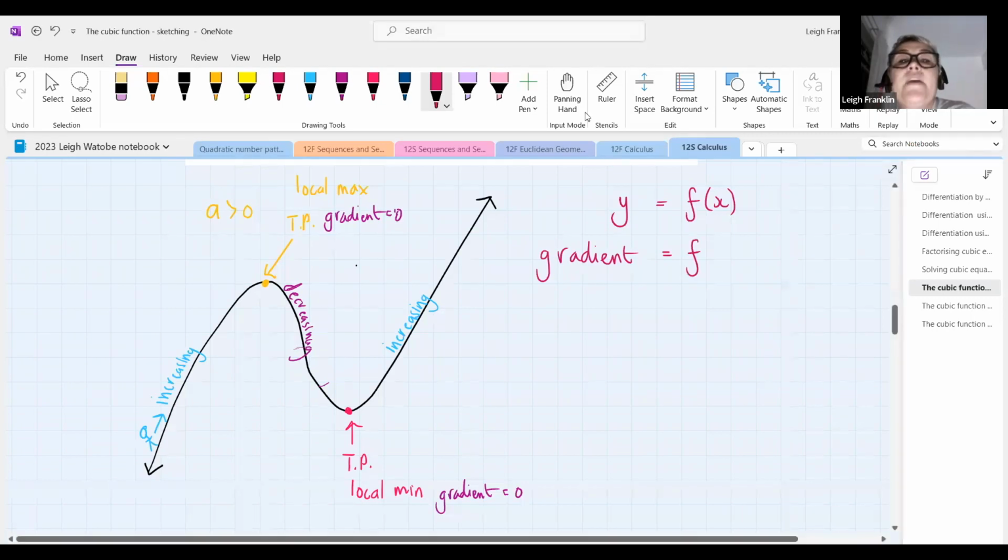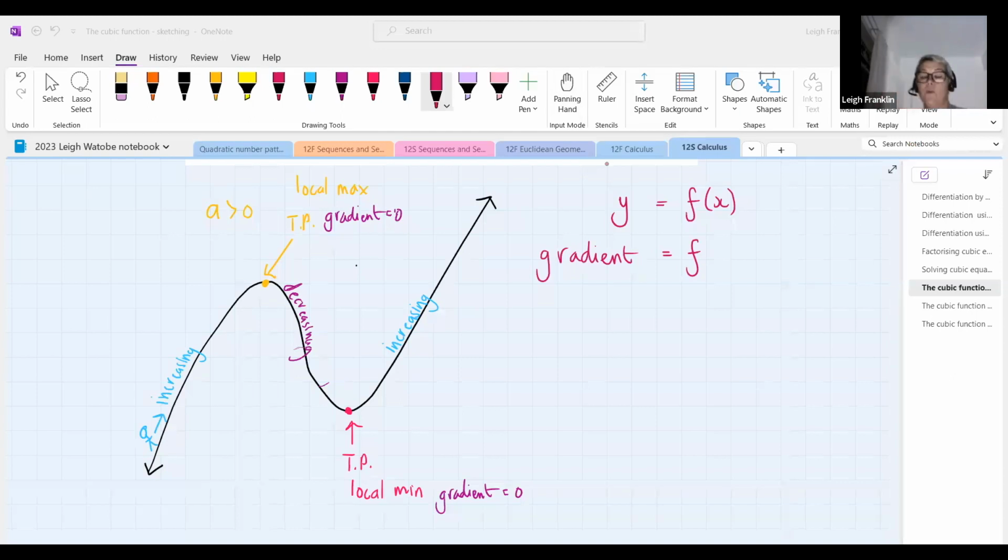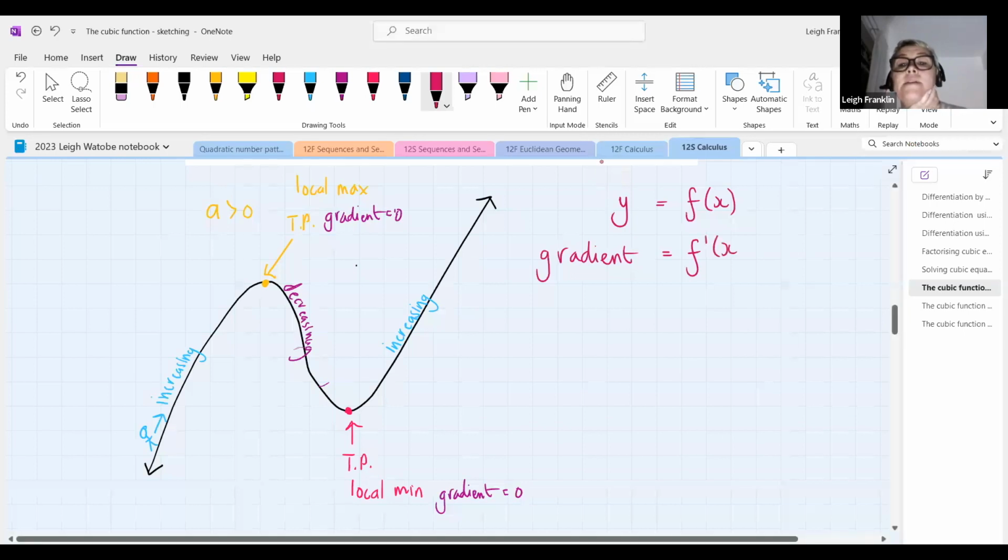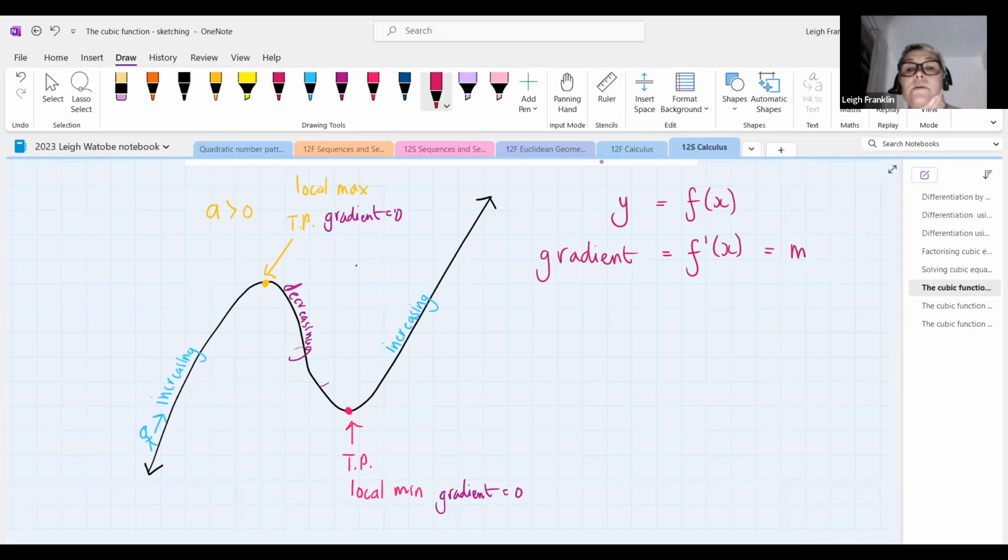But in terms of f of x, what would I use? The derivative, the first derivative, that's it, Katlego. So I would refer to gradient as f prime x. So f prime x is the symbol for gradient when we are talking about functions.